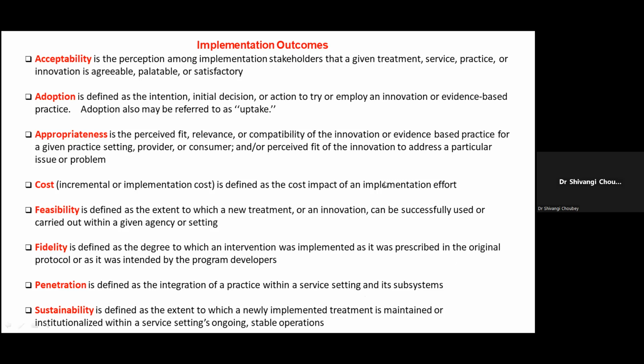Then comes sustainability. Sustainability is whether the intervention you have implemented is maintained in the organization or not, and how long it is maintained.